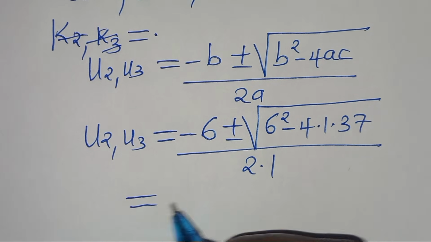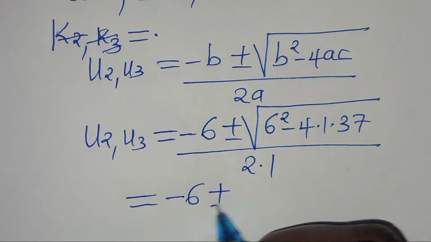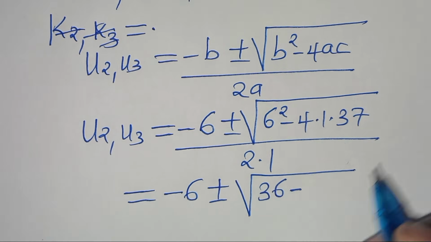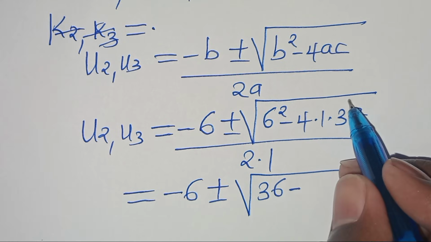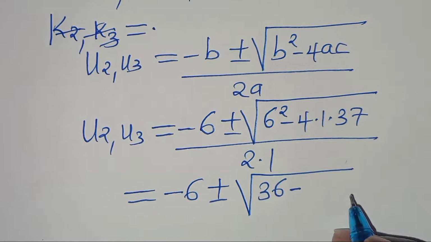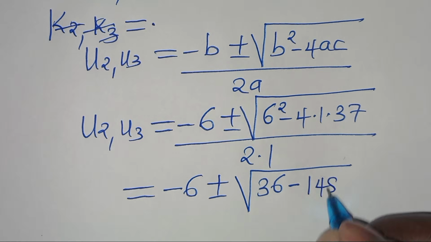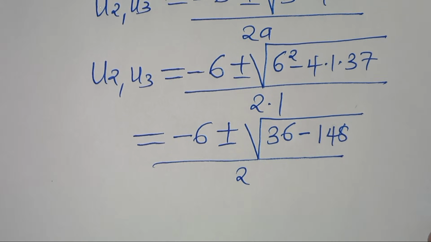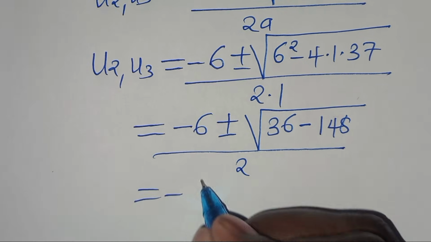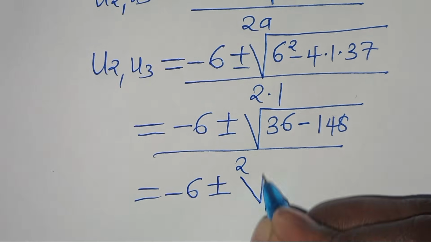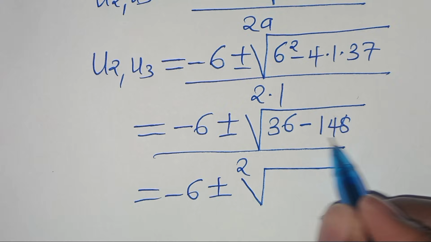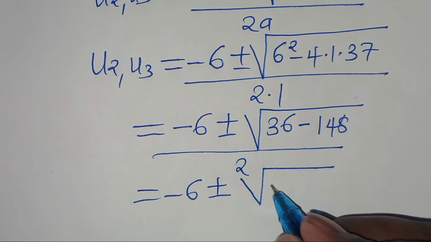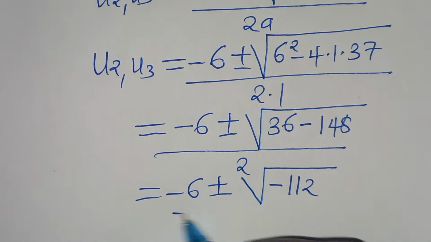So this implies minus 6 plus or minus the square root of 6 squared, which is 36, subtract 4 times 37, which is 148, divided by 2. So here we have minus 6 plus or minus the square root of 36 minus 148, which is minus 112, divided by 2.